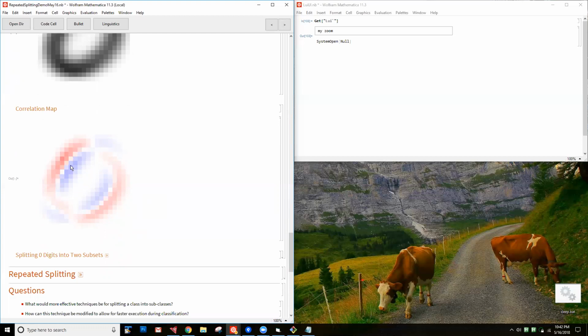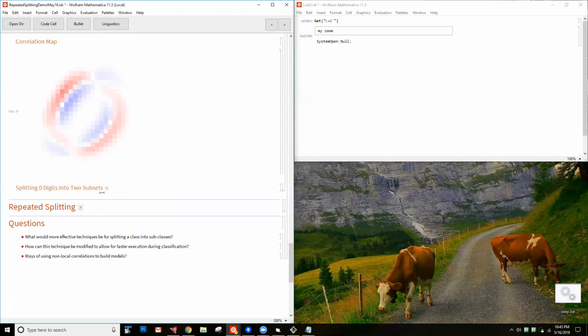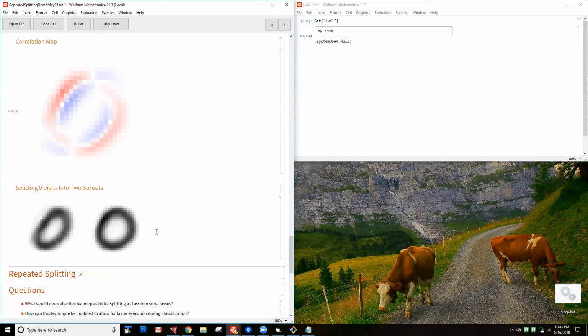And if you took all the images where this pixel is white and averaged them, would you get a 0 that's styled this way? So I ran that experiment, and it turns out the answer is yes. You get this wider, more upright 0 and this more slanted, narrow 0.